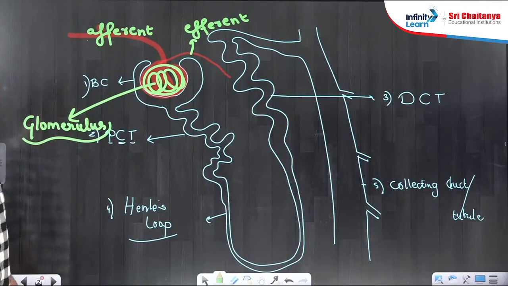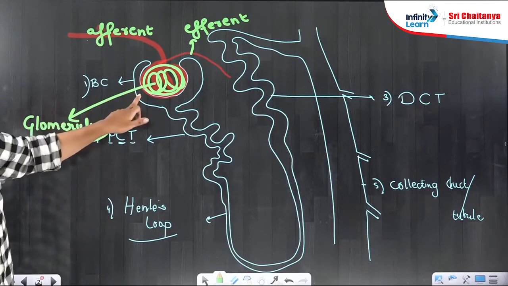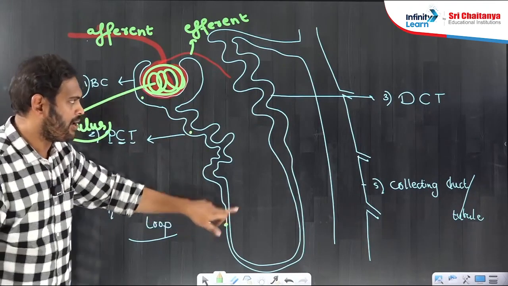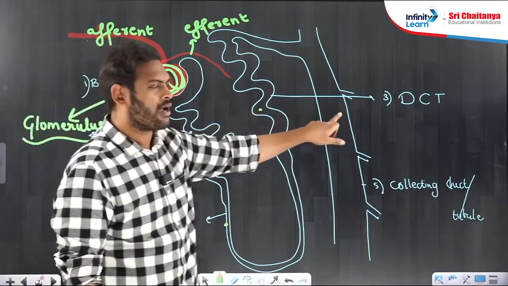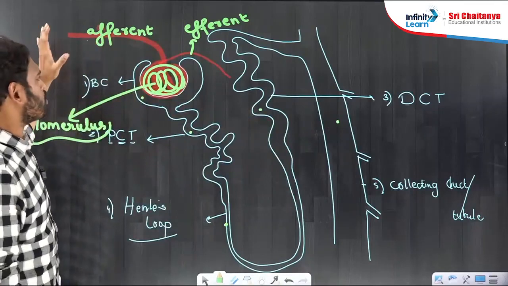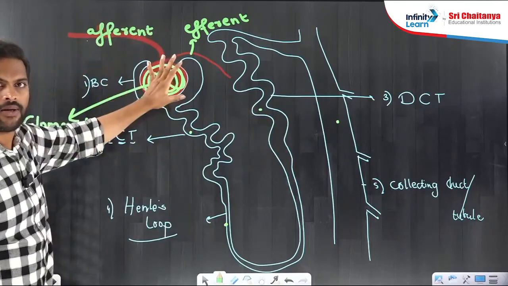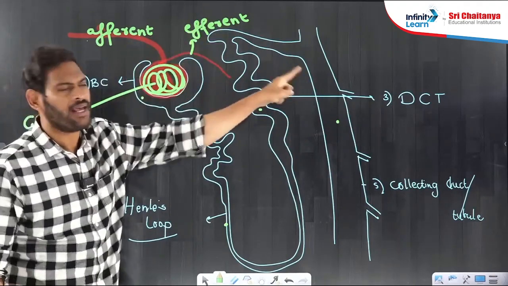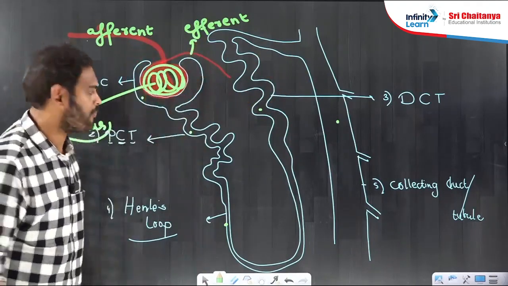Guys, understood? So, Bowman's capsule, PCT, loop of Henle, DCT, collecting duct. Done? Afferent arteriole enters Bowman's capsule, makes glomerulus and exits as efferent arteriole.